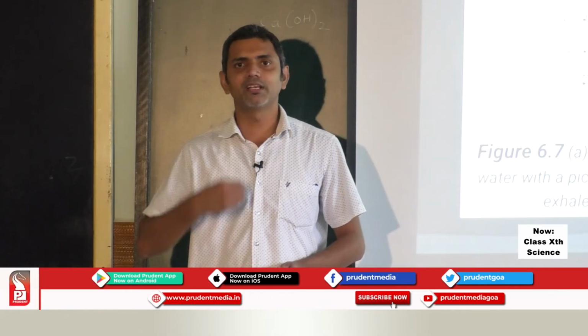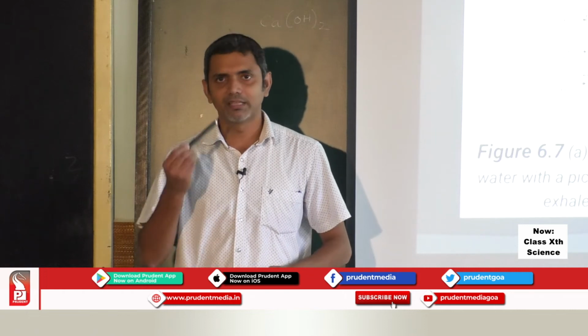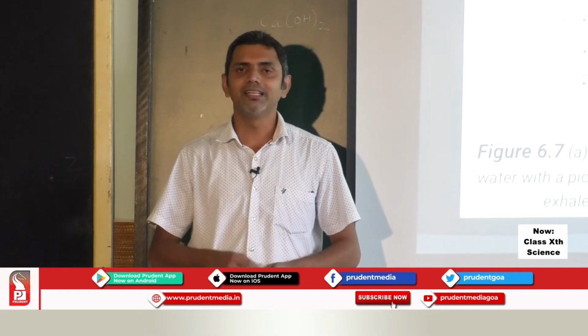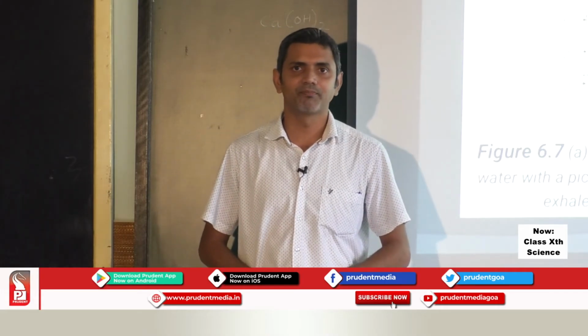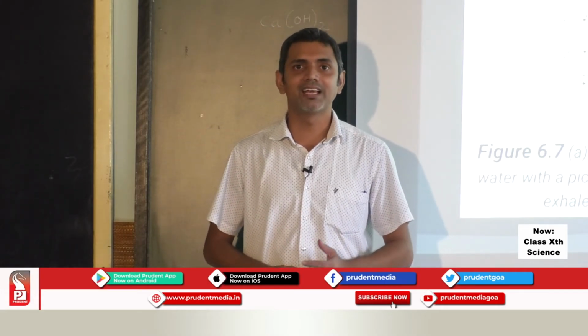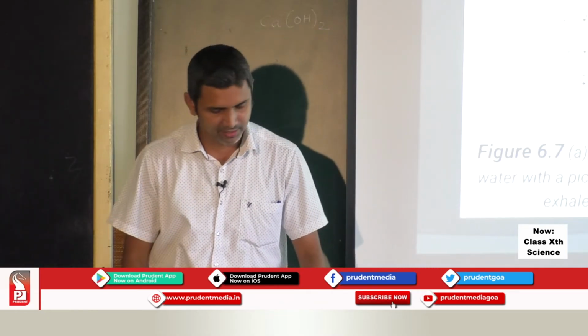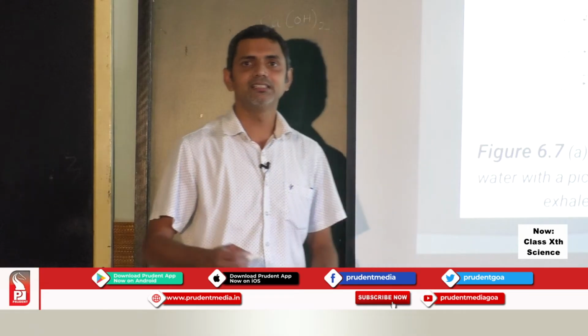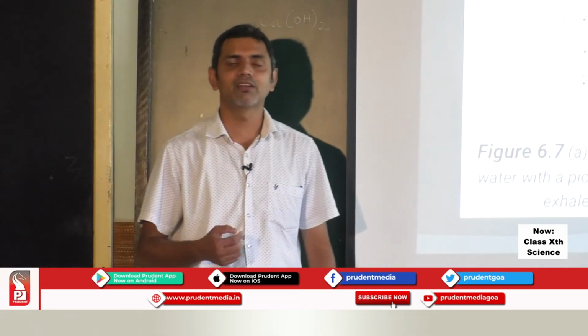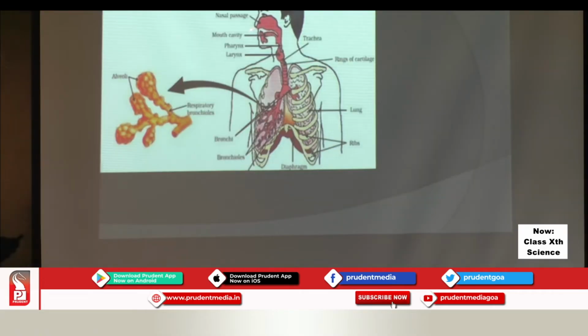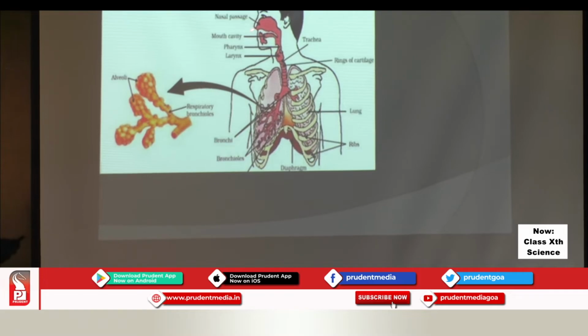When oxygen is taken in, there is a passage, and in that passage there are hairs. What do these hairs do? They also perform a very important function, they filter the air. I repeat, these hairs filter the air which is present in the nostrils.